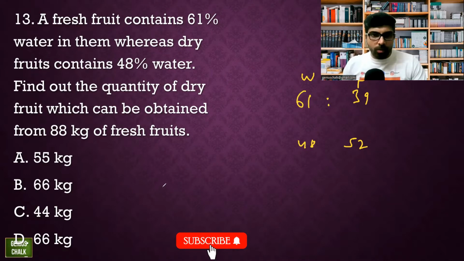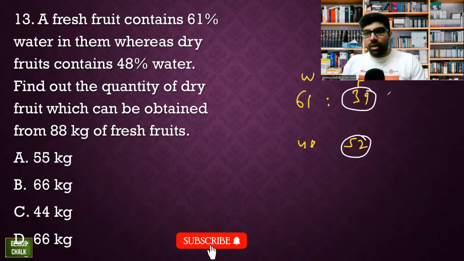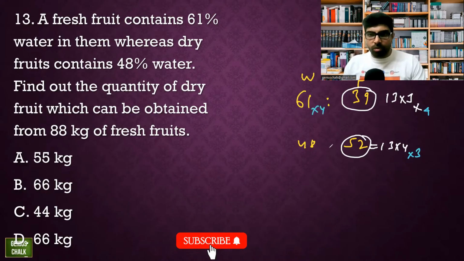So now I need to multiply this by some number. This is 13 into 3. This is 13 into 4. So this I need to multiply with 4, and this I need to multiply with 3. If this is multiplied by 4, this is also multiplied by 4. This is multiplied by 3, this is also multiplied by 3. Now these both pulps are the same.